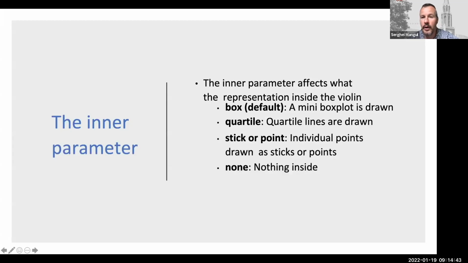You can show quantiles, similar to what you have in the box plot, but rather than the box, you show just the lines. You can also show individual points, or you can say none, so nothing inside the violin plot. Let's try a couple of those options.